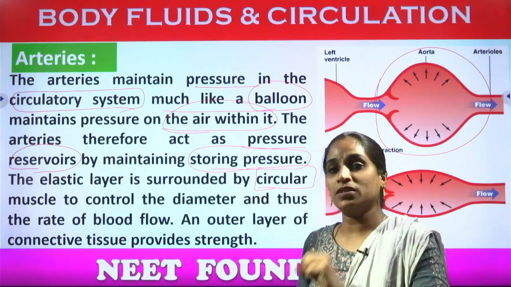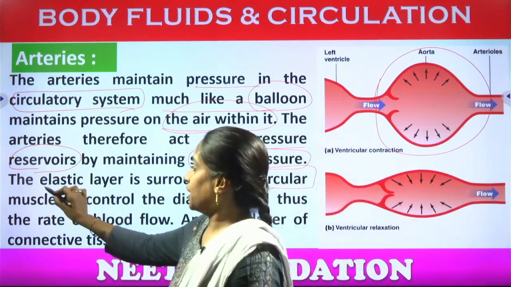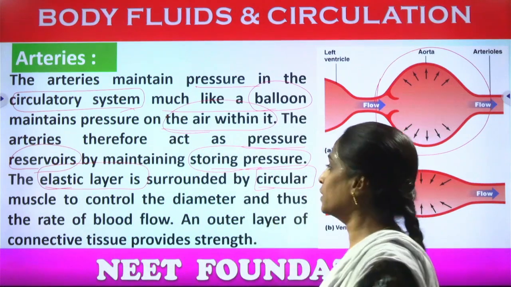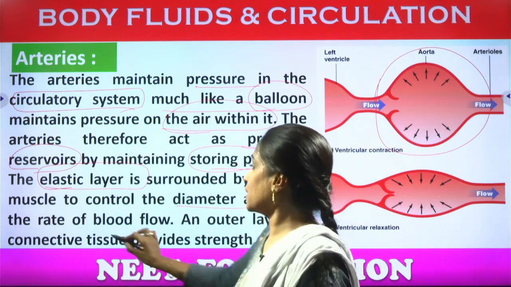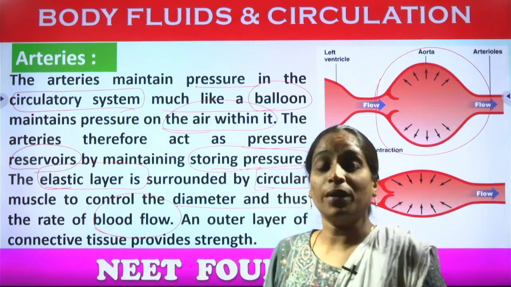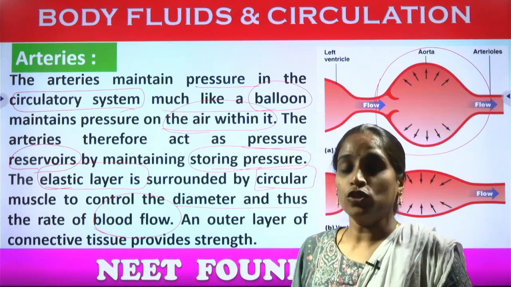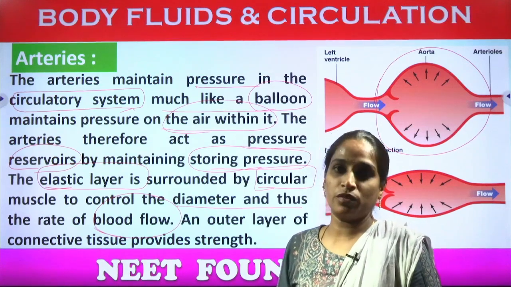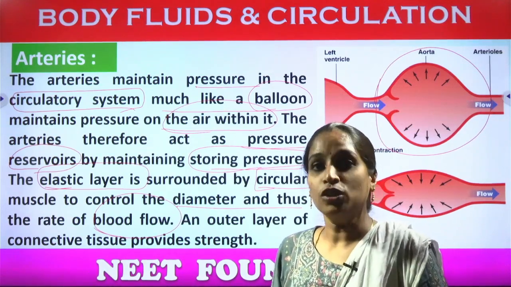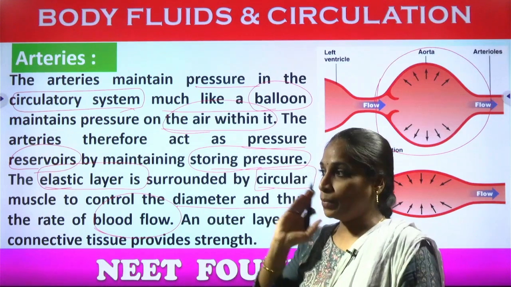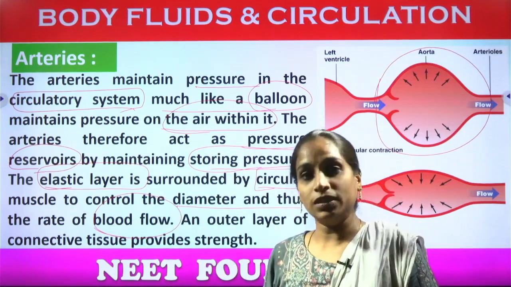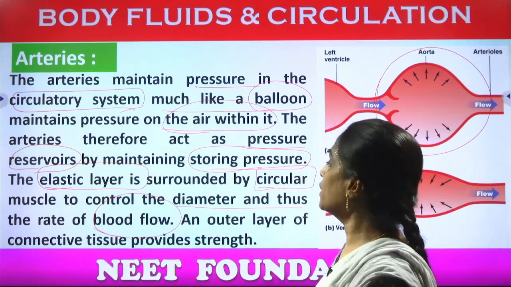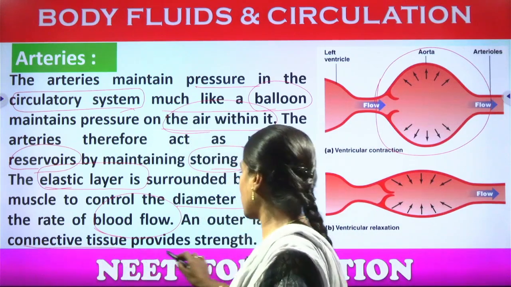So the muscles present in them are elastic layered muscle structures. Those muscles have the capacity to control the diameter, and thus the rate of blood flow is maintained by the arteries. The structure adapted inside the blood vessels is responsible for creating the pressure, so that they are able to maintain the blood movement from one place to another throughout the body, right? And an outer layer of connective tissue provides the strength.